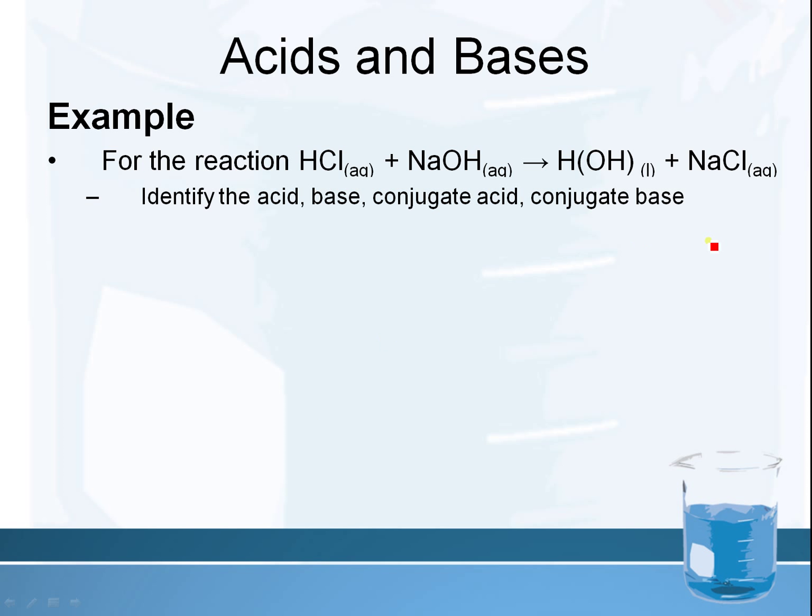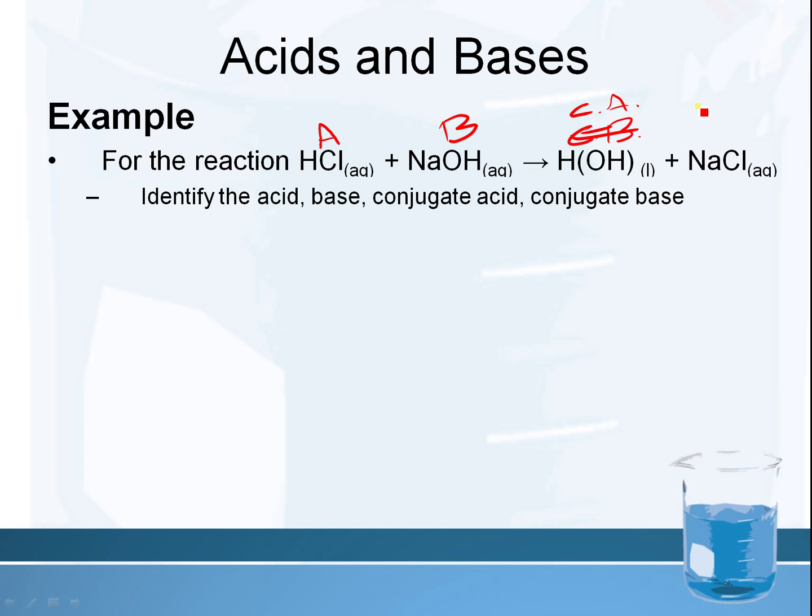After it's balanced, the acid is a proton donor. This is donating a proton. This is going to be my base. Since the H goes with the OH and the OH received it, that's going to be my conjugate acid. Whoops, sorry, flip that around.